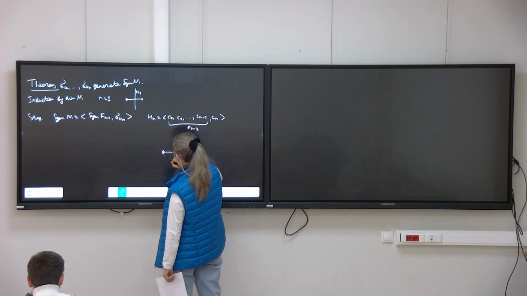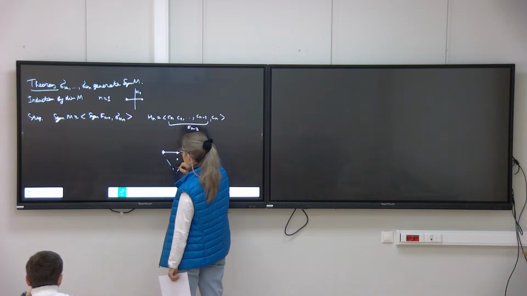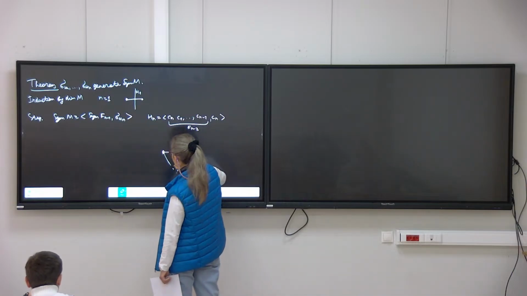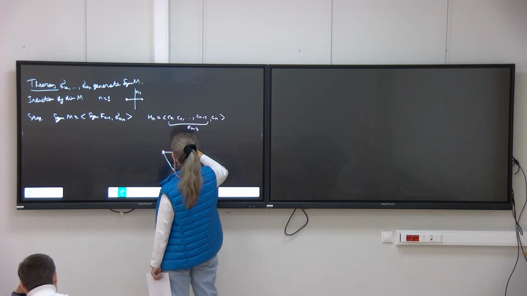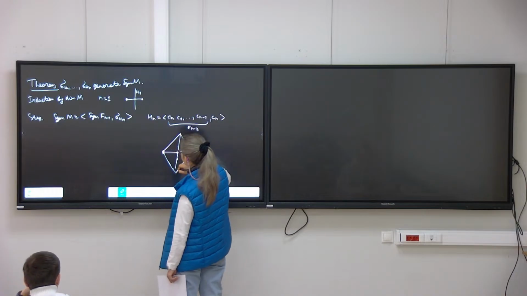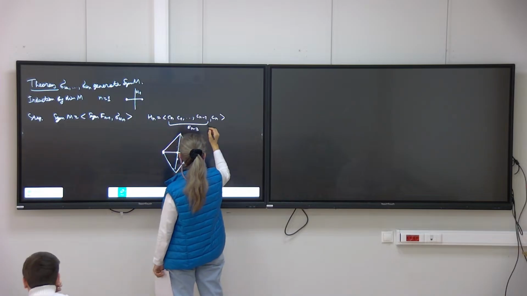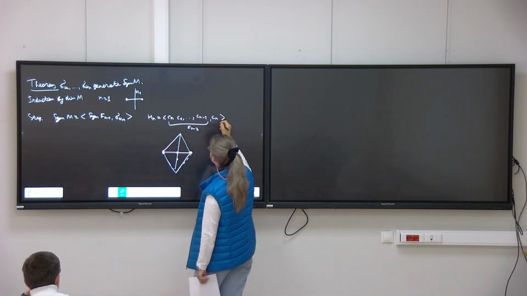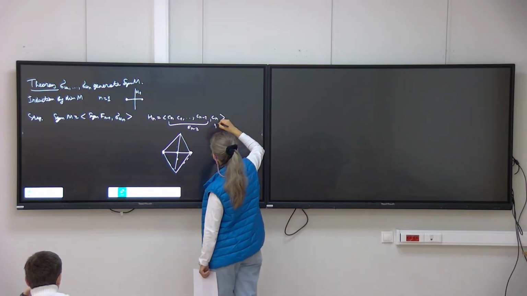Then if it contains this segment and the center of the triangle, it will contain all the triangle. If it contains the whole triangle and the center of the tetrahedron, it will contain the whole tetrahedron. And so on. So Hn contains Fn minus 2, and it always contains the center of M.